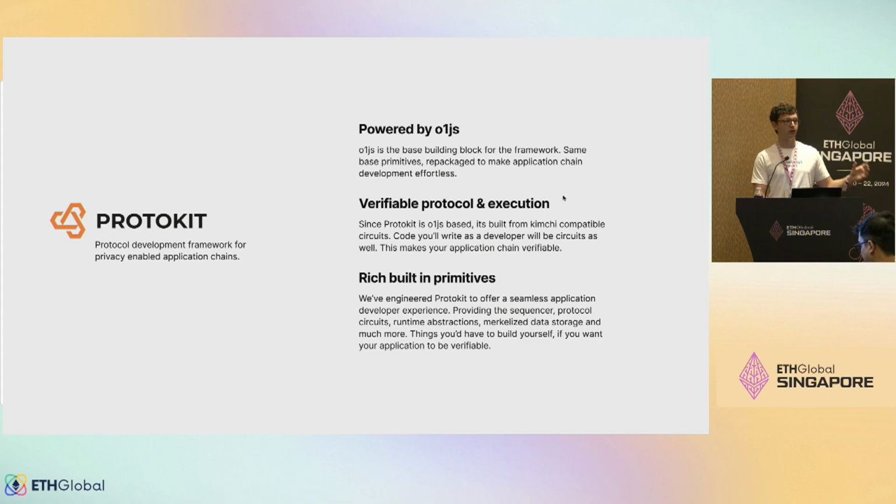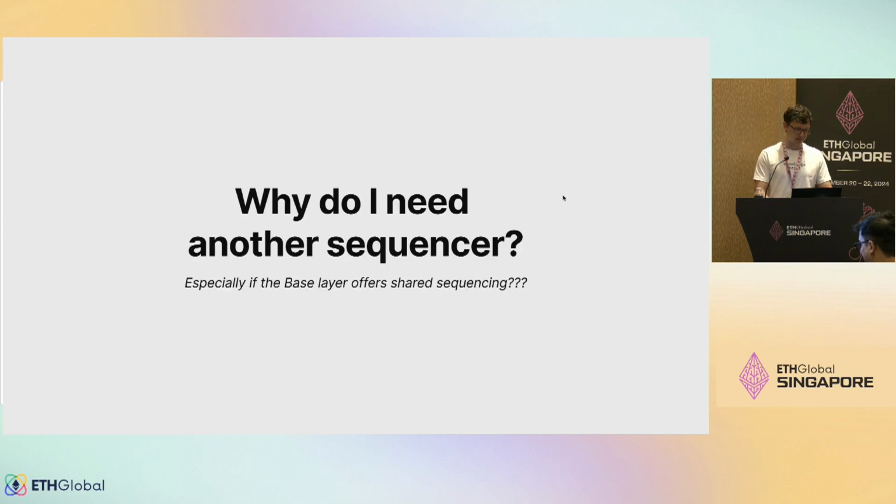Everything in Protokit is proven as well, but we're going to use a more on-chain based protocol and framework for that. And we have a lot of built-in primitives so that we can go to that application layer without having to build everything ourselves. So we give you a lot of those toolkits out of the box. You can just reuse them. How exactly, we're going to see now.